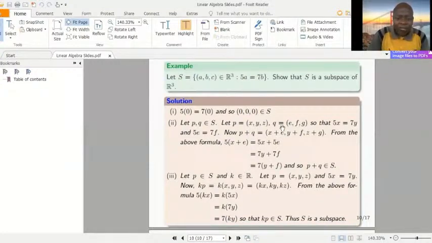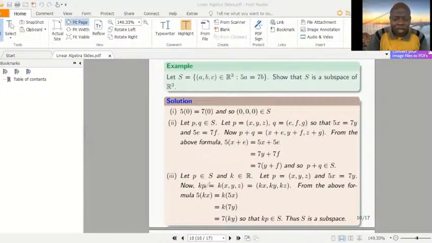It's the same as what I've just explained: let P be a member of S and K be a scalar, a real number. And let P be (x, y, z), so that the first element times 5 gives me the second element times 7.